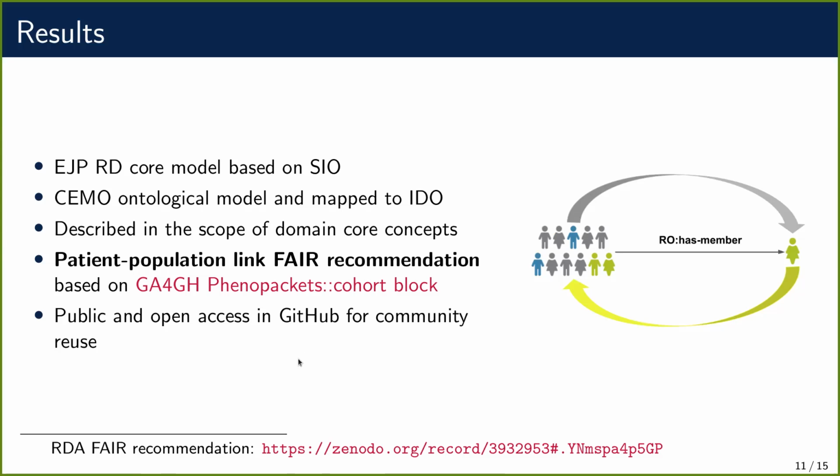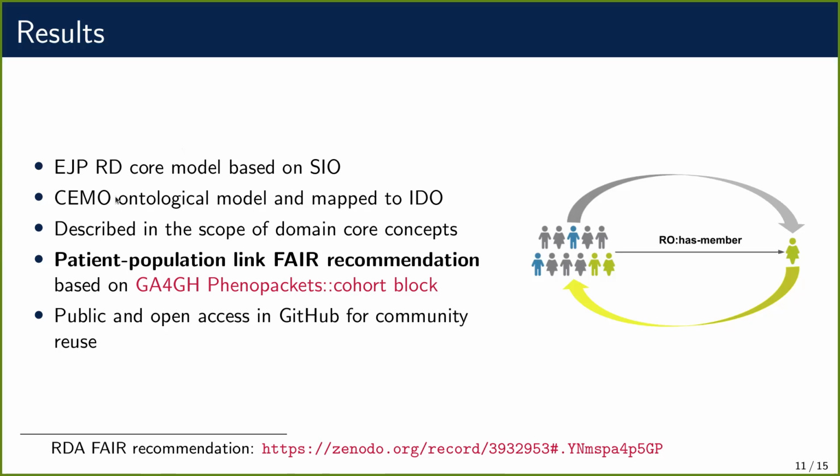So this core model that we reuse from the EJP RD project, which uses this model to represent these elements in patient registries, is also actually reusing a design pattern for measurements from the Semanticscience Integrated Ontology, or SIO.